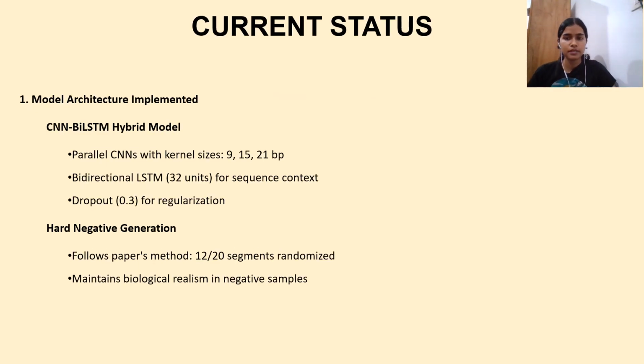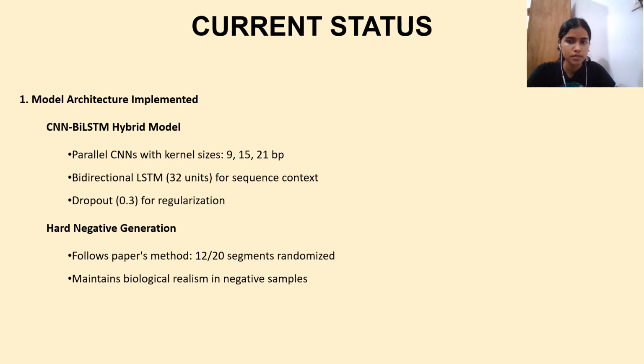Coming to the model architecture, we implemented a CNN plus LSTM hybrid model. We combined CNNs to capture local sequence patterns and a bidirectional LSTM to understand the sequence in both directions, improving context understanding. For the parallel CNNs, we use three parallel CNN layers with kernel sizes 9, 15, and 21 base pairs to capture patterns at different scales.